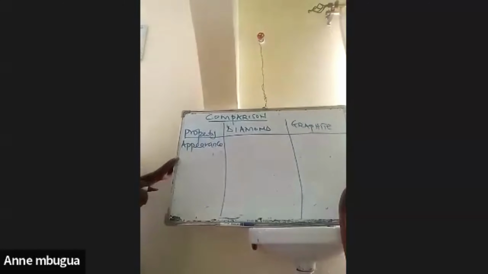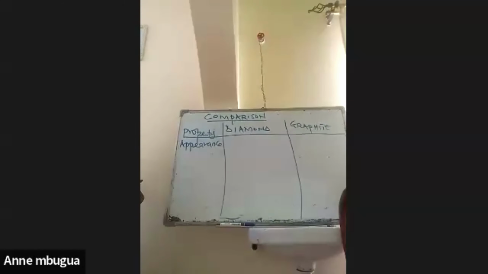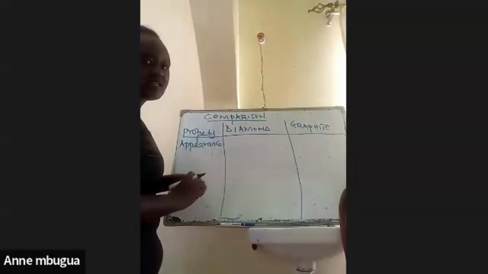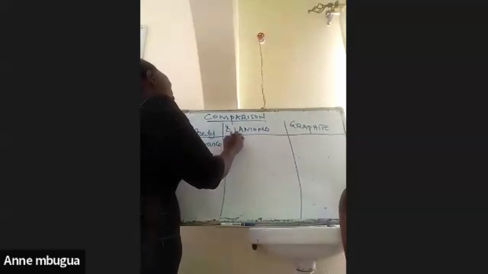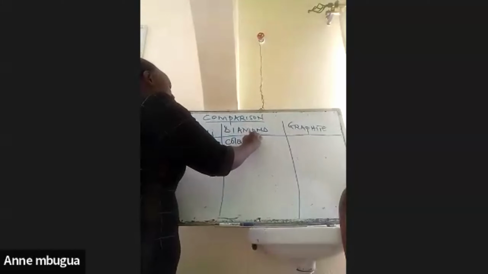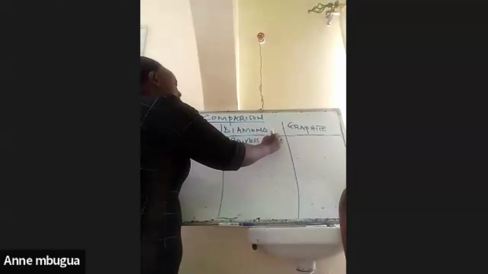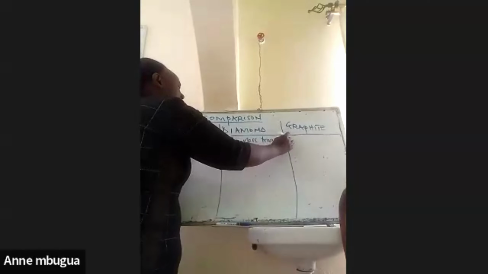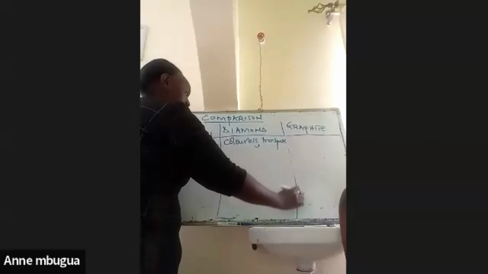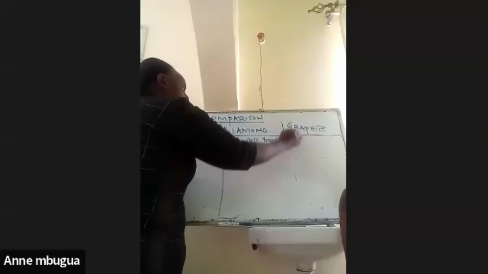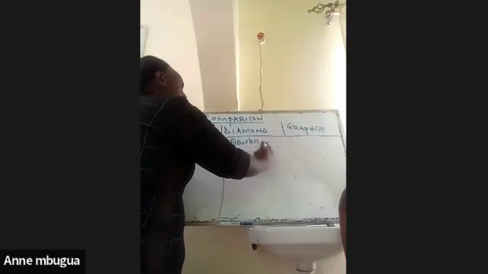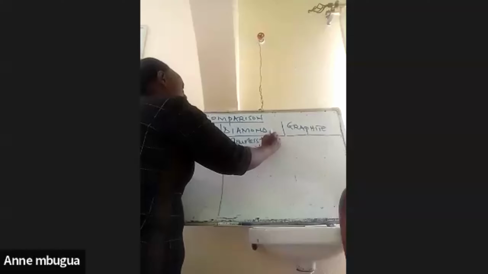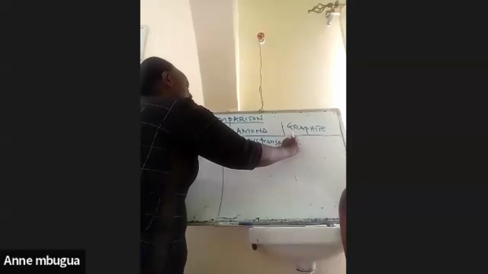For diamond, we said it is colorless and transparent, a crystalline solid.